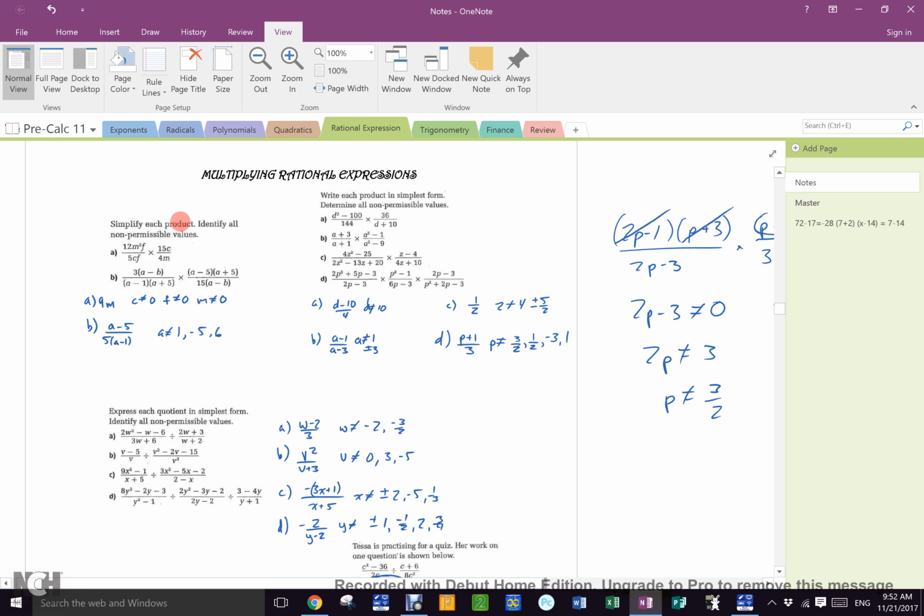You can factor out the 5c, the c's cancel, and 15 and 5 becomes 3 and just 1f, right? 4 goes away, the 12 becomes a 3, right? And one of the m's goes away, and that m goes away. 3 times 3 is 9, and up on top, all that was left was an m.